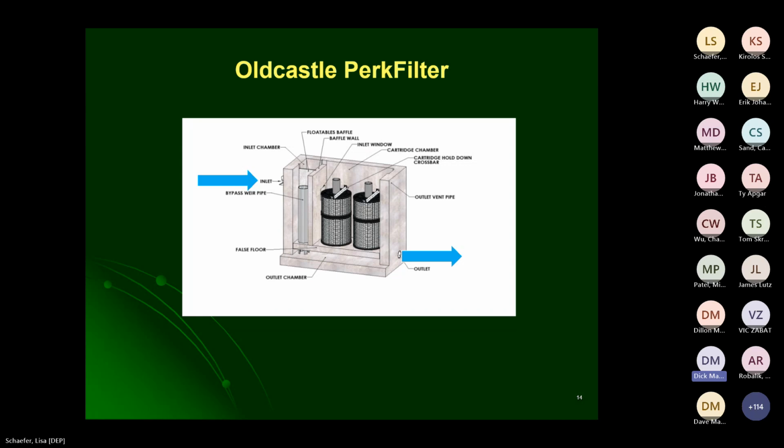But if you take a look at it and you think about it, how are these working? Well, part of it, and it turns out a majority of the sediment settles out on the floor of the vault, and only a small percentage actually gets filtered through the filter cartridges.